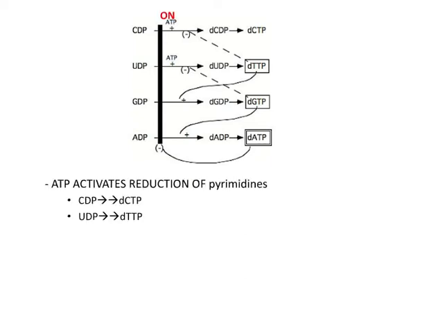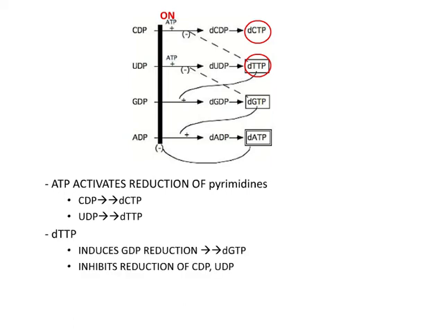ATP bound to the activity site switches ribonucleotide reductase on. ADP bound in the substrate specificity site leads to the reduction of pyrimidines first. CDP is reduced to deoxy-CDP. UDP is reduced to deoxy-UDP. This leads to increased levels of deoxy-TTP in the cell.